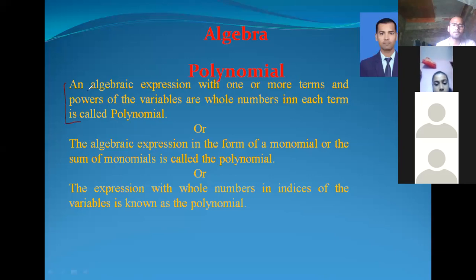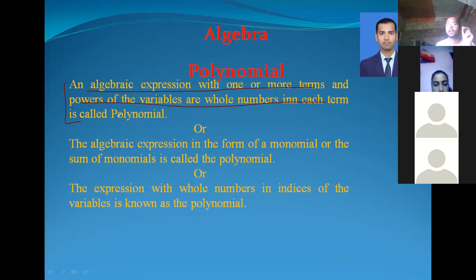Read the statement carefully: an expression having one or more than one term, but with the power of variables whole number, is called a polynomial.